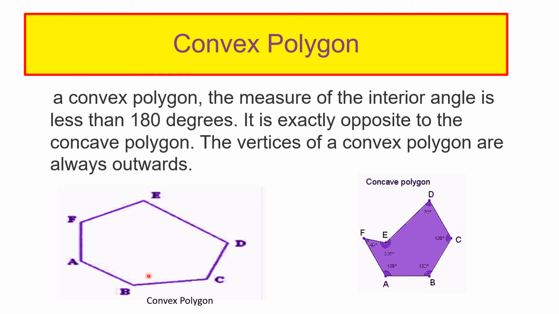But in this particular polygon, for a convex polygon, if we try to extend the side, it will not pass through the interior of the given polygon. So this is a convex polygon. This is a concave polygon. In other books, they use the word non-convex.